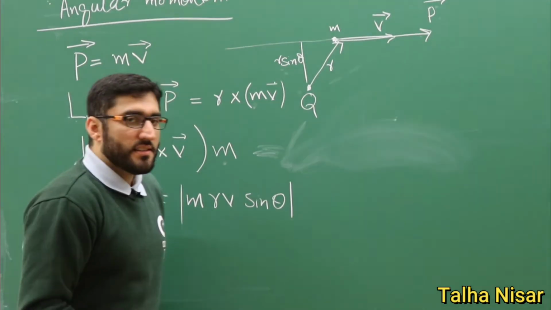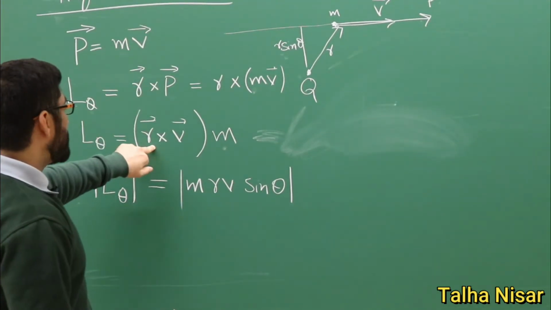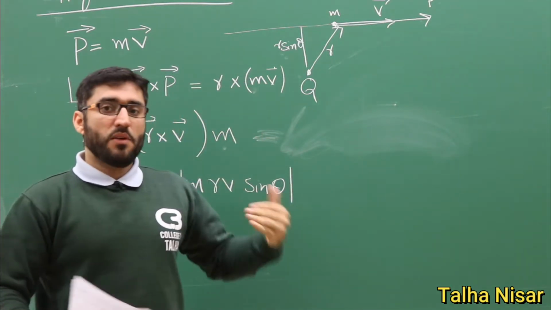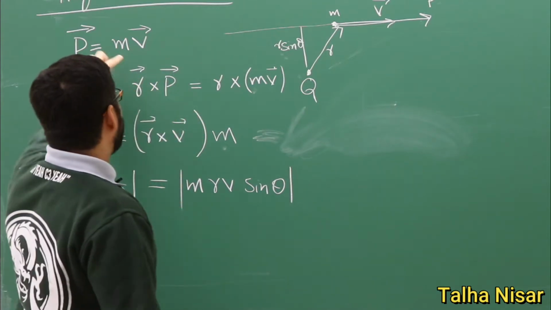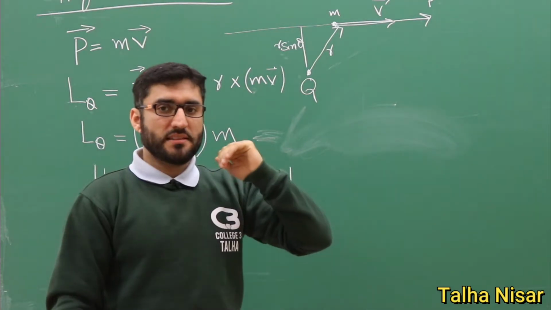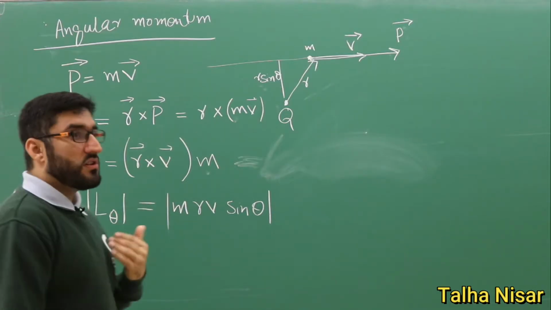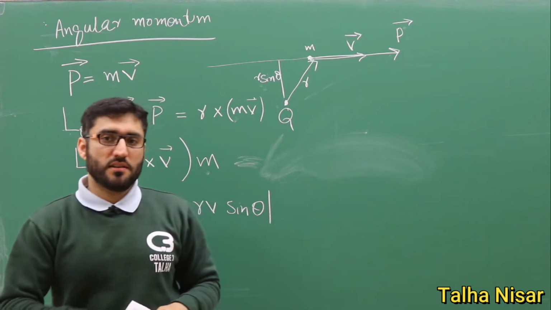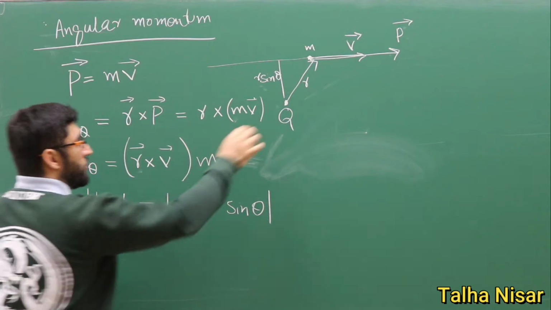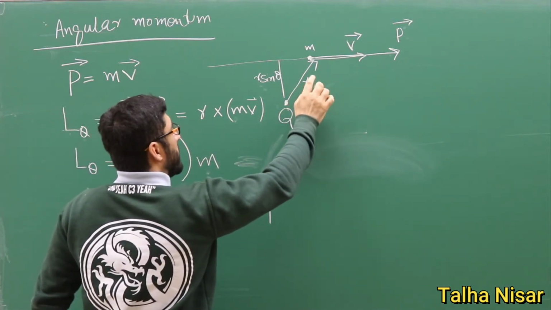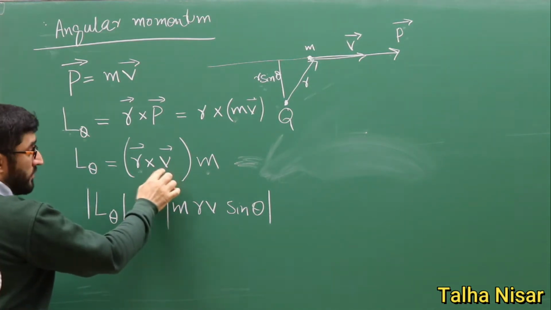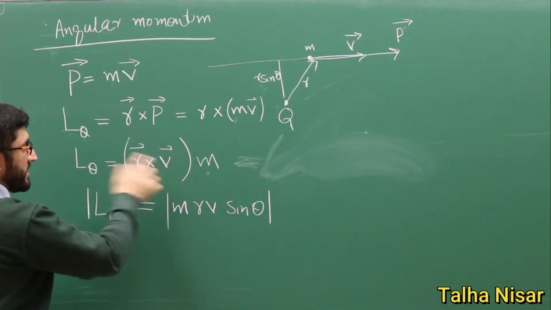Since the cross product of two vectors is a vector, it has a direction. In the case of linear momentum, we know that the linear momentum has the same direction as v. The direction of the cross product is perpendicular to the first vector, which is the position vector, and it's also perpendicular to the velocity, the second vector.